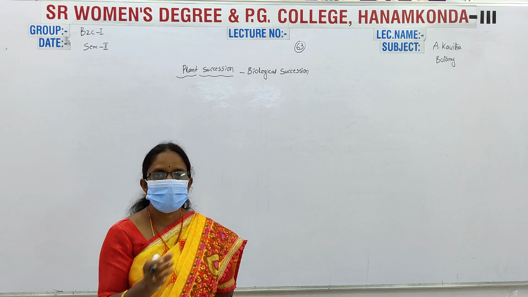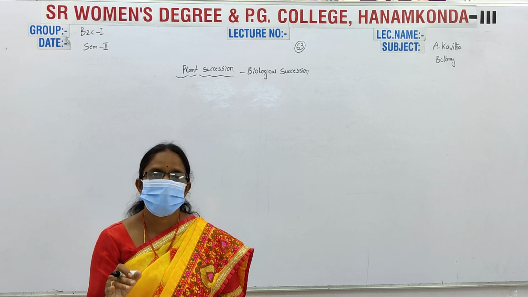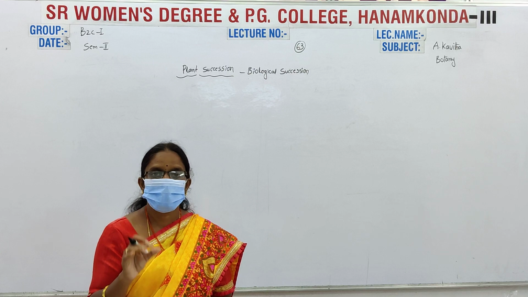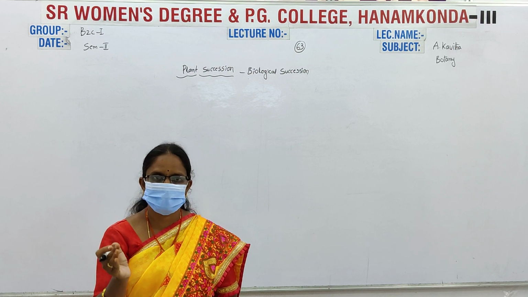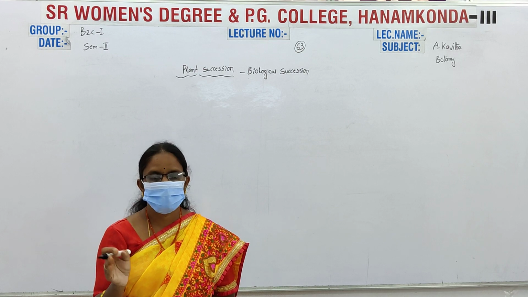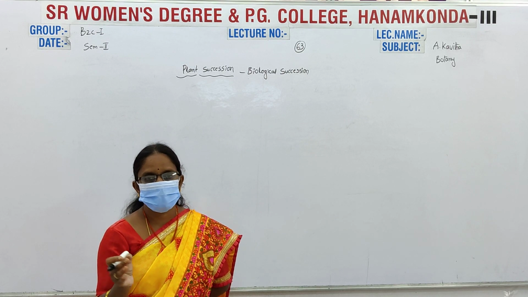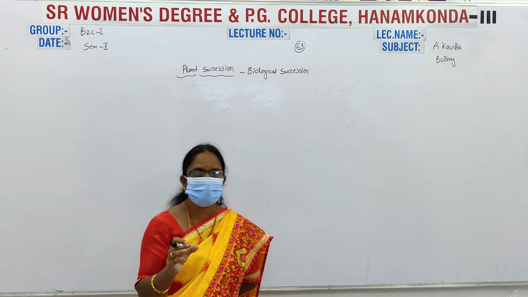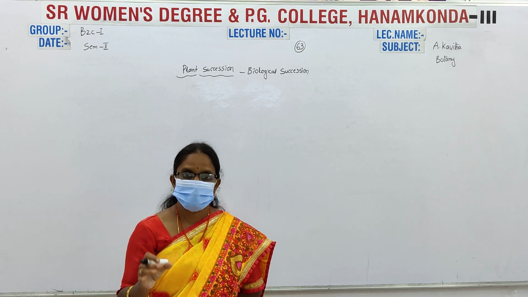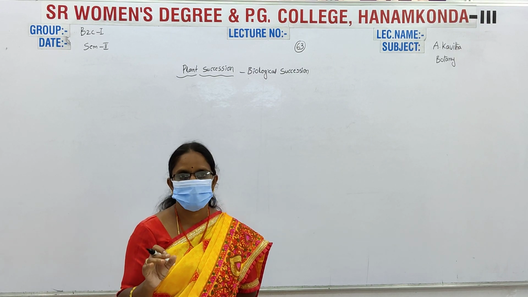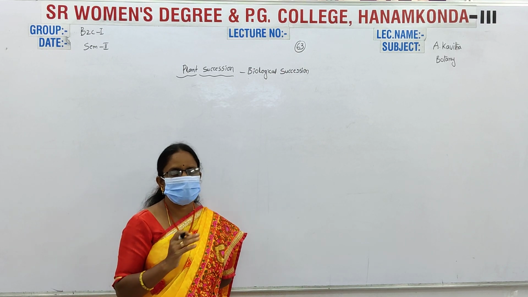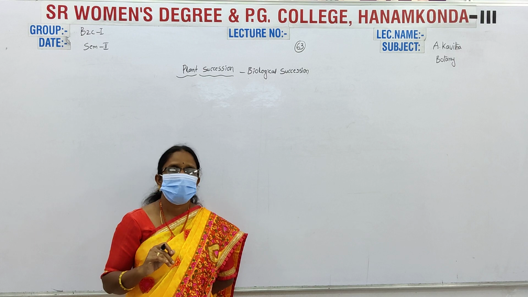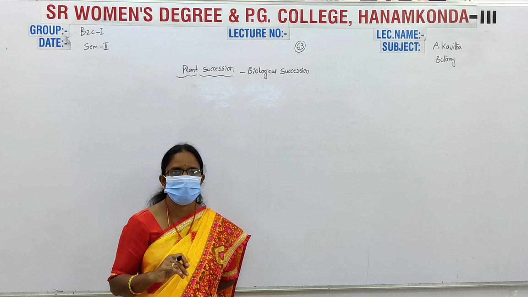First herbs, next shrubs, and next trees. This is the order in which plant communities develop in sequence.